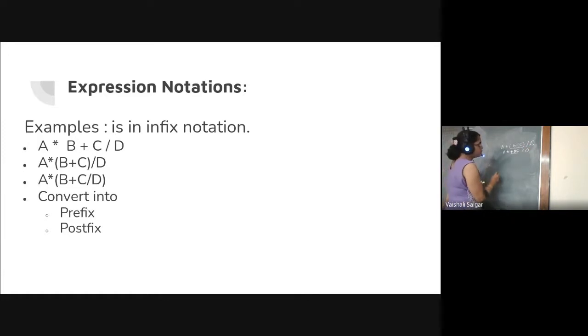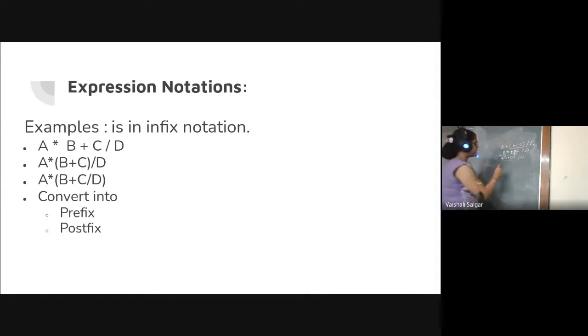Now after that, which operation do I have to perform? Multiplication. So over here, this is prefix, so I have the operator first, then operand 1 and operand 2. So my operator is star, then A, plus B, C. And now this is already done, so the remaining thing is this one.